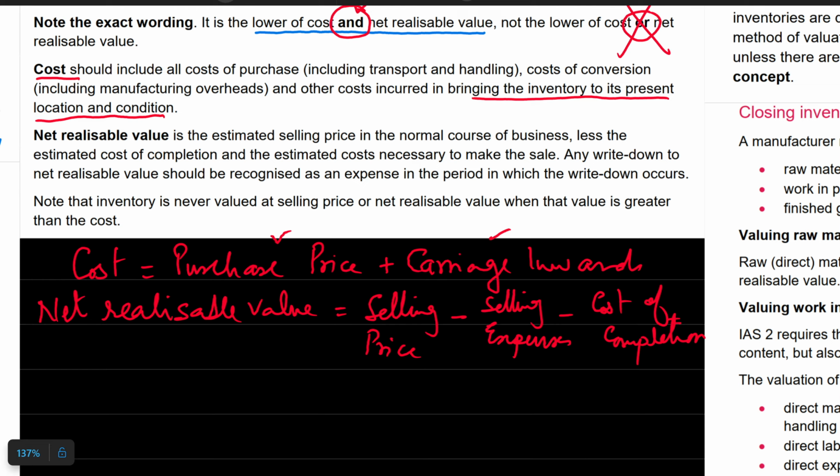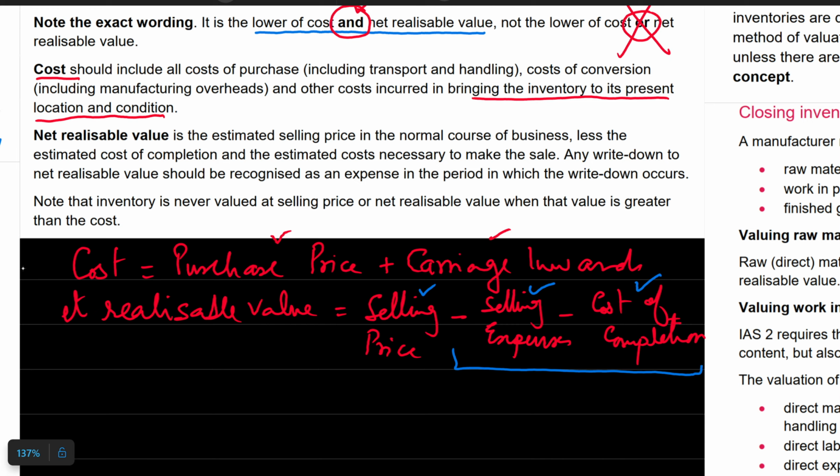Selling price at which inventory can be sold, any expense to sell, any commission on selling, any repair cost, any repackaging cost, all types of costs related to sale of inventory will be subtracted from the selling price to calculate net realizable value, and the rule is lower of these two values.